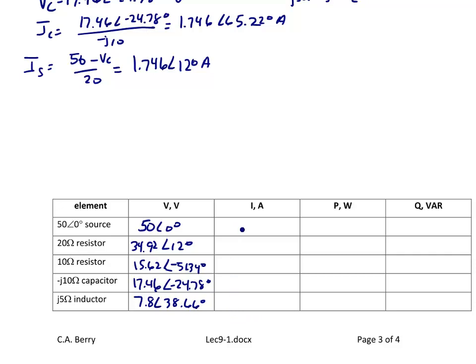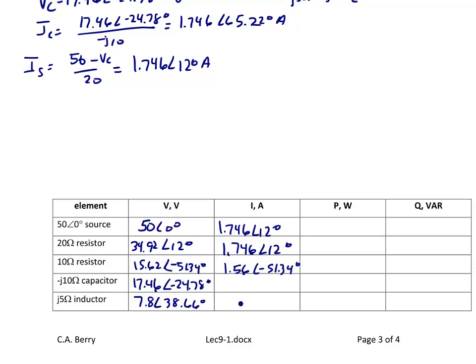Now let's do the currents. The 50-volt source and the 20 ohm resistor are in series, so they have the same current, and it's 1.746 with an angle of 12 degrees. The 10 ohm resistor has a current of 1.56 with an angle of negative 51.34 degrees.